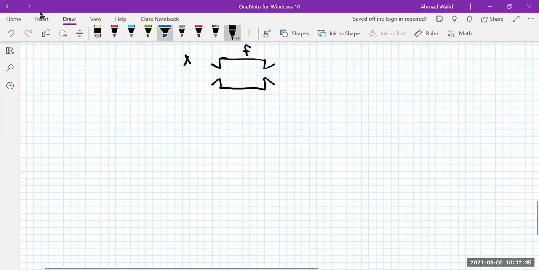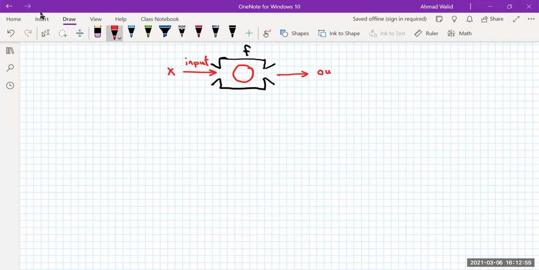You plug in your input to this machine. This is your input, or your domain. This is your function, and you get an output. Correct? Look at your calculator.